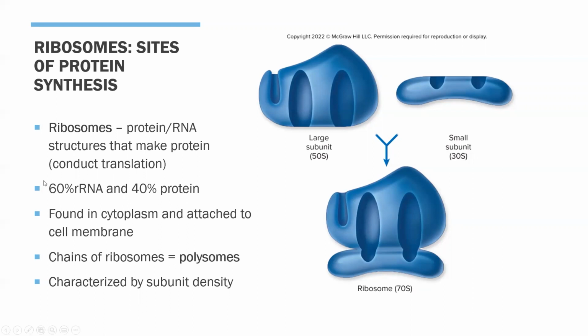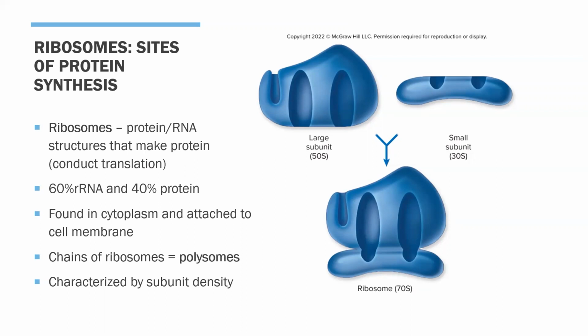They're comprised of roughly 60% ribosomal RNA, or rRNA, and 40% protein. Interestingly, when we think of enzymes or molecules that can catalyze reactions, we typically think of proteins.